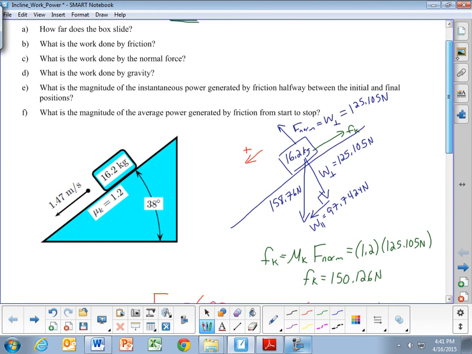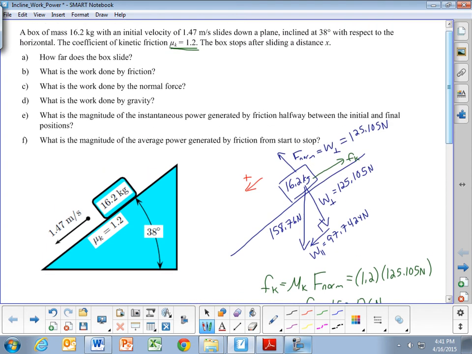Okay. The next thing that we're asked to do is calculate the work done by friction, and then the work done by the normal force, and then the work done by the force of gravity.